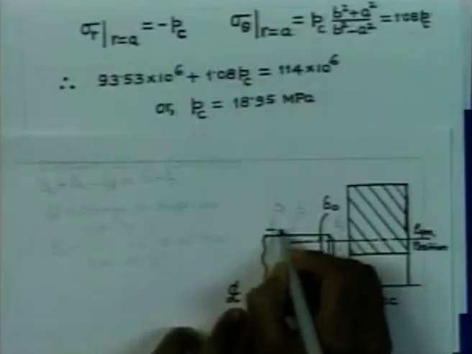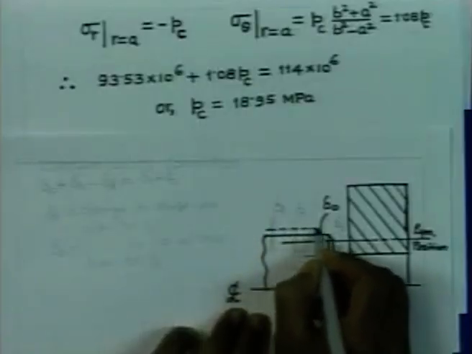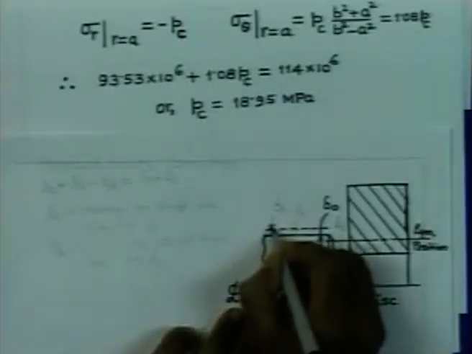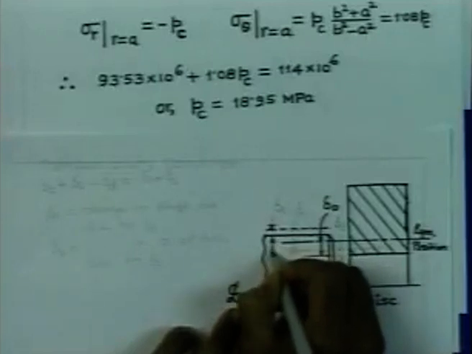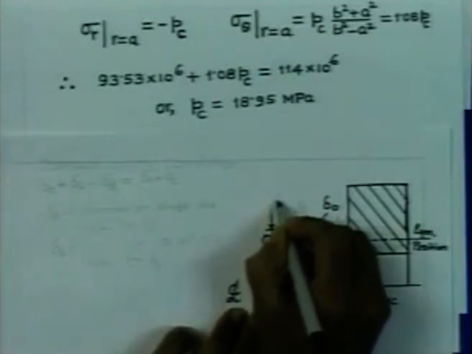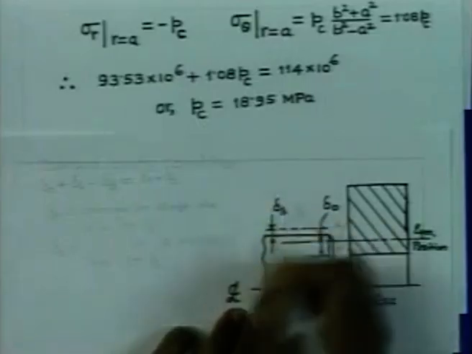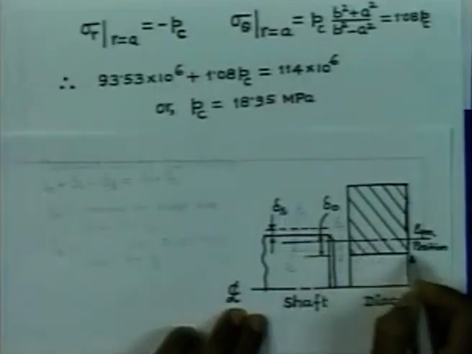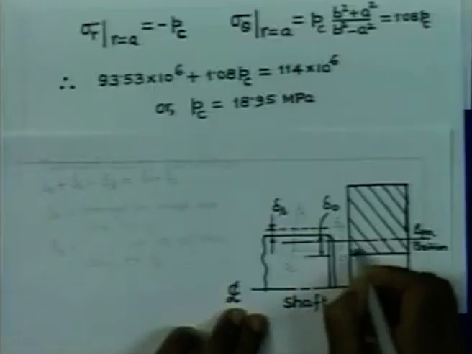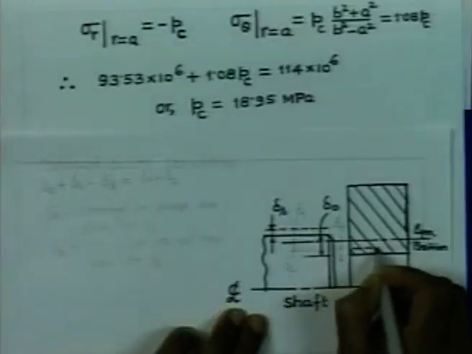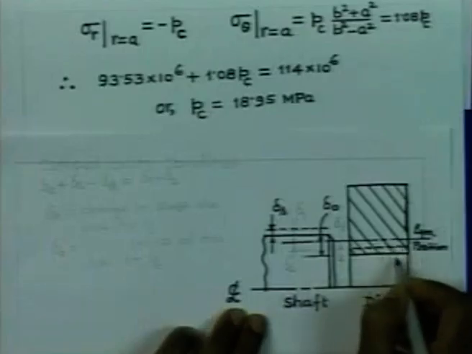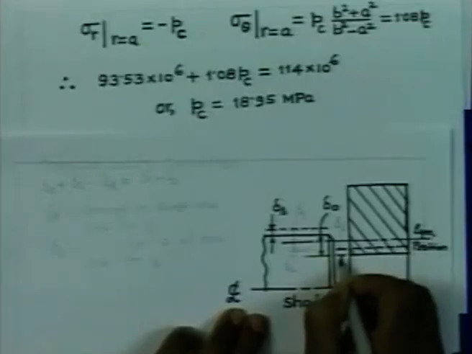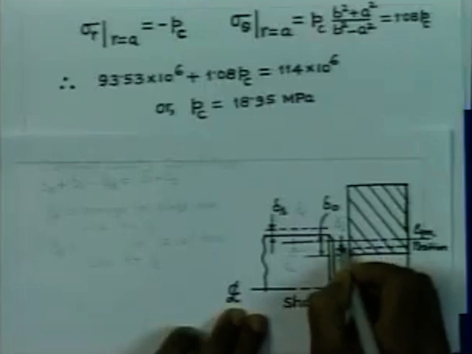So, let us say that the outer radius will take up a position like this, and therefore, there is a change in the radius of the solid shaft, which is given by, let us say, delta S. Similarly, the disc inner radius is also going to increase under the action of the rotation, and this is the movement of the inner radius, and hence let us say that this is the increase in the radius of the disc.